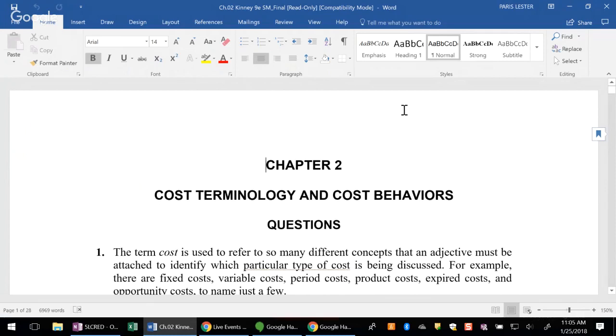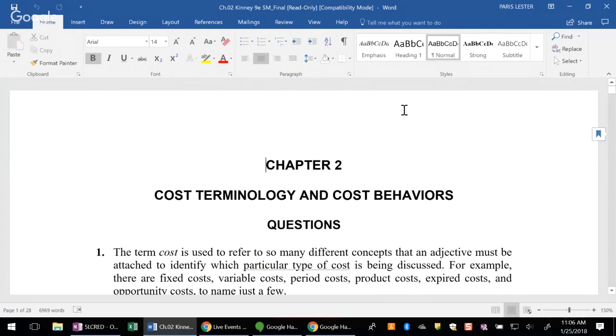Number 23 simply asks you to indicate whether each of the following terms is associated with manufacturing, retailing, or service. That's easy enough. Depreciation, factory equipment, that's definitely associated with what, Kevin? Manufacturing. Prepaid rent, who might that be associated with, Giorgio?